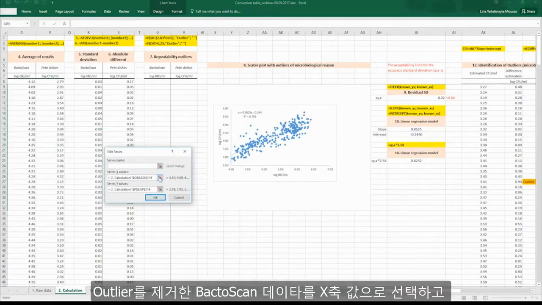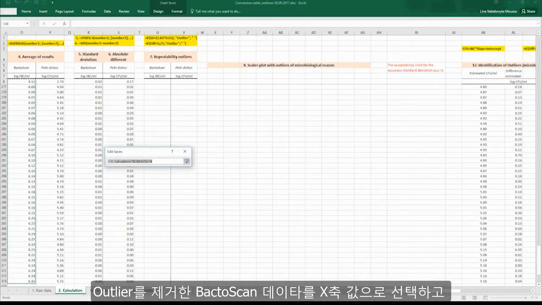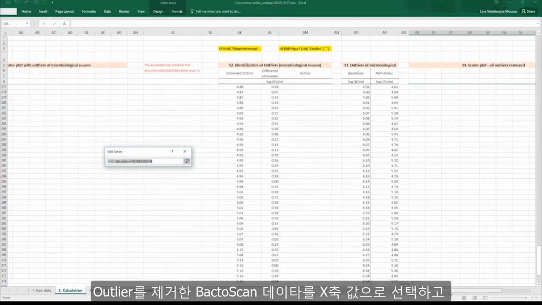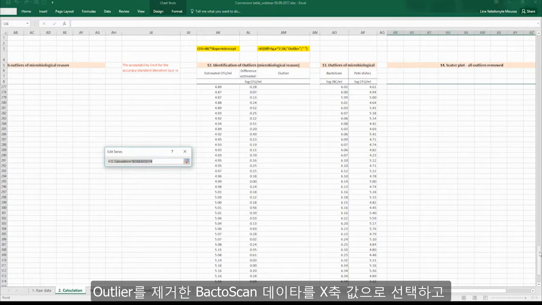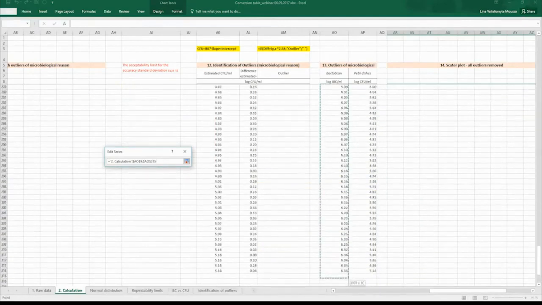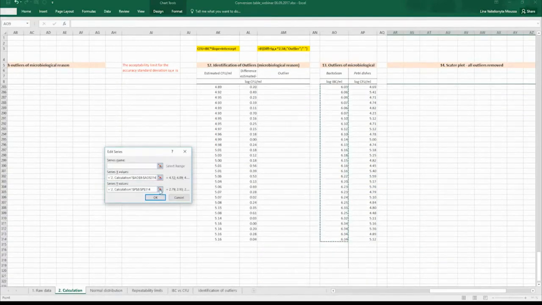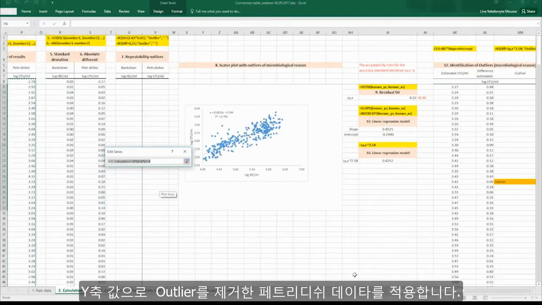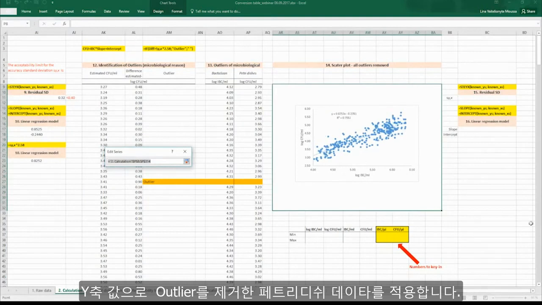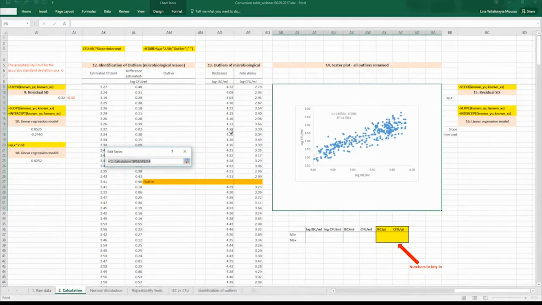Serial 1, edit. And we have on X axis BactoScan results, and on Y axis Petri dishes results.